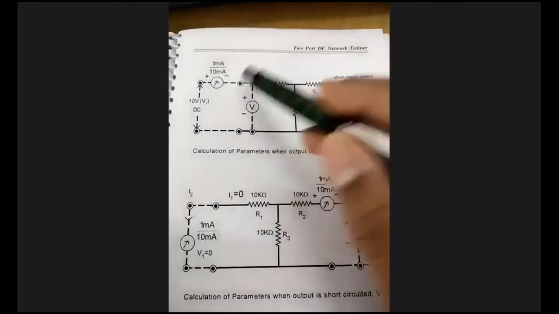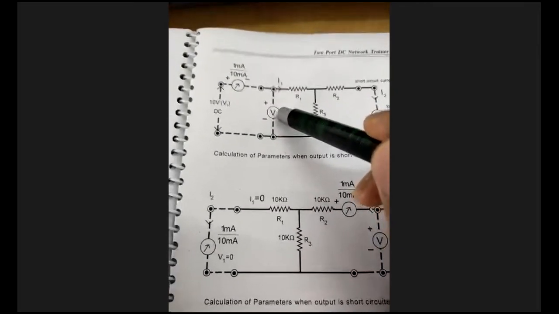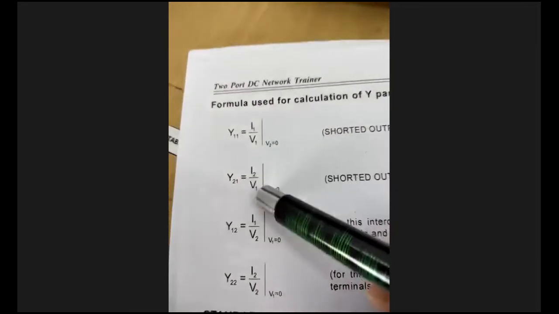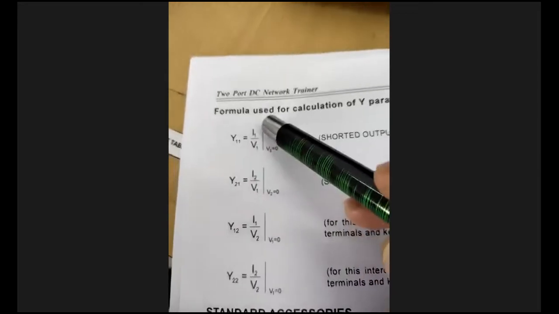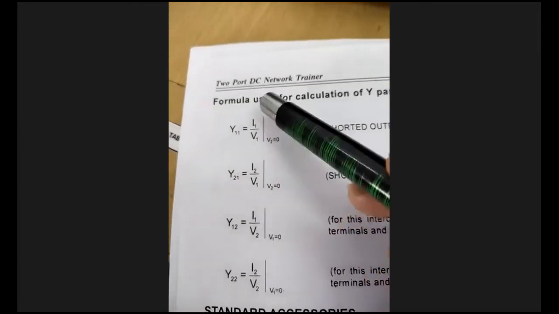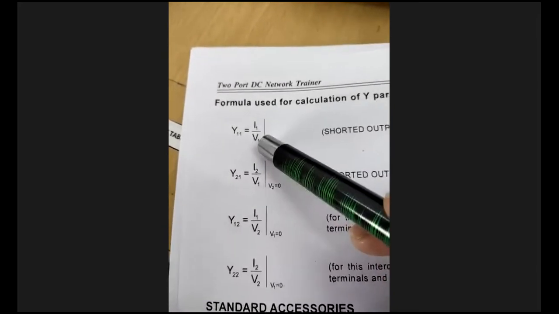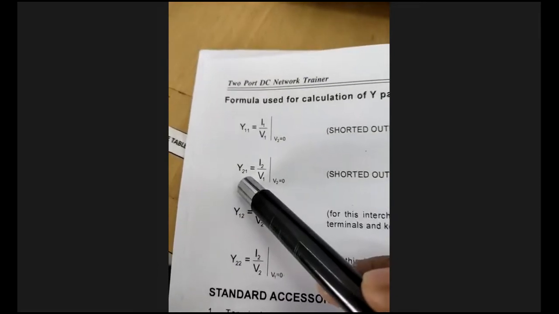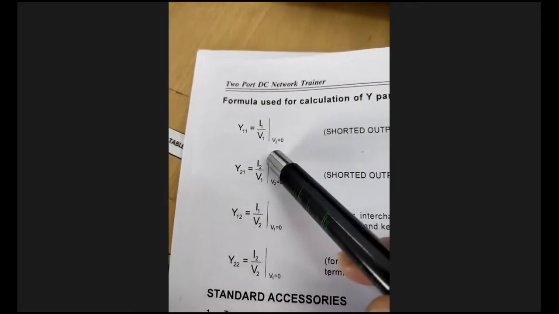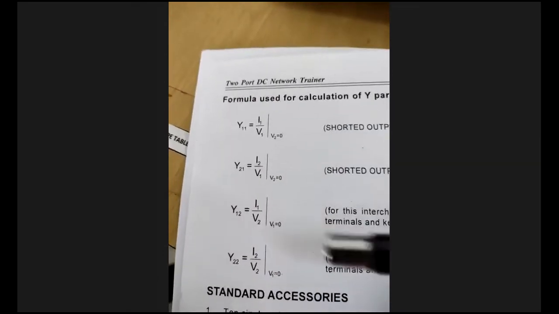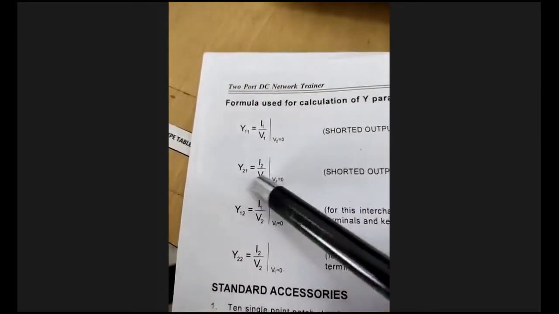Then we put the values in the first two equations. When we find Y11, we put the values of I1 and V1. When we want to find Y21, we put the values of I2 and V1.